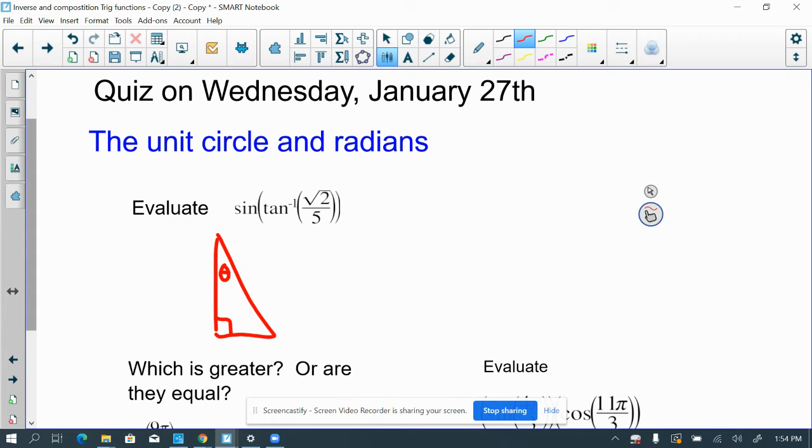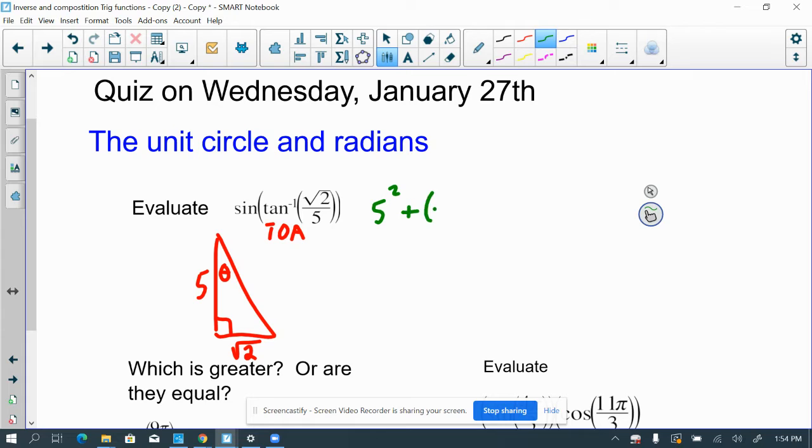In right triangle trigonometry, it's SOHCAHTOA, and tangent is the TOA in that situation. So the opposite of this angle would be rad 2, the adjacent is 5. Does this even help me at all? Well, I could go a little further and figure out the hypotenuse.